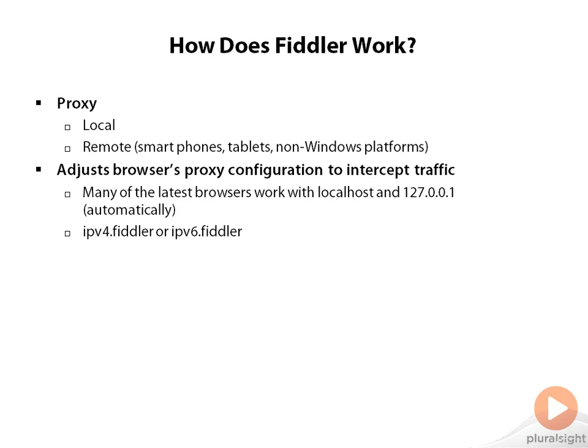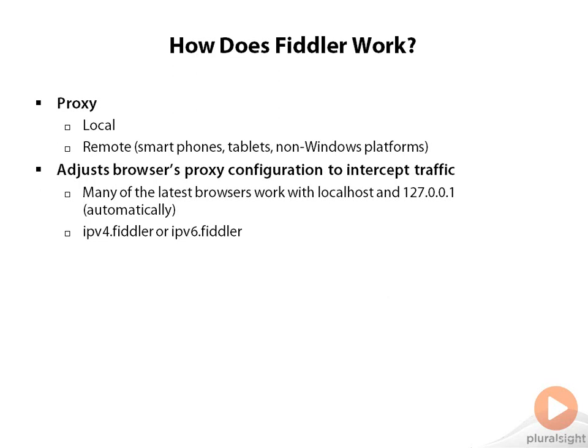If it turns out in your case that your browser does not do that, there's a trick in Fiddler. There are some virtual names, IPv4.fiddler or IPv6.fiddler, depending on what version of IP you're using. You can enter that into the browser and it will go to the local host, but your browser sees the dot in that particular name and interprets it as a non-local address, so it chooses to use the proxy server.